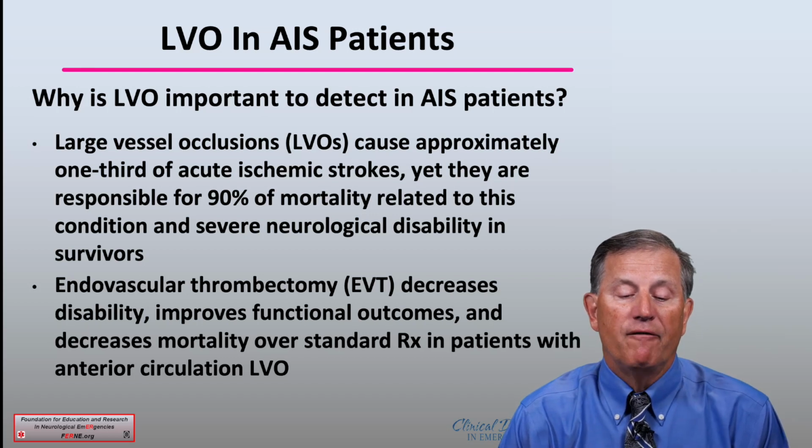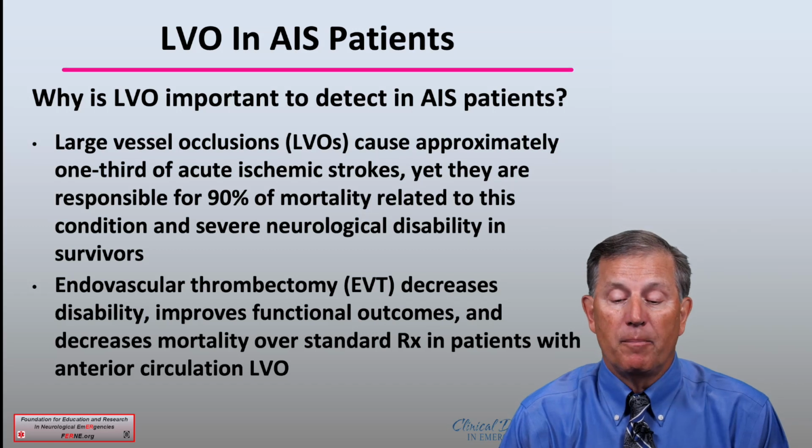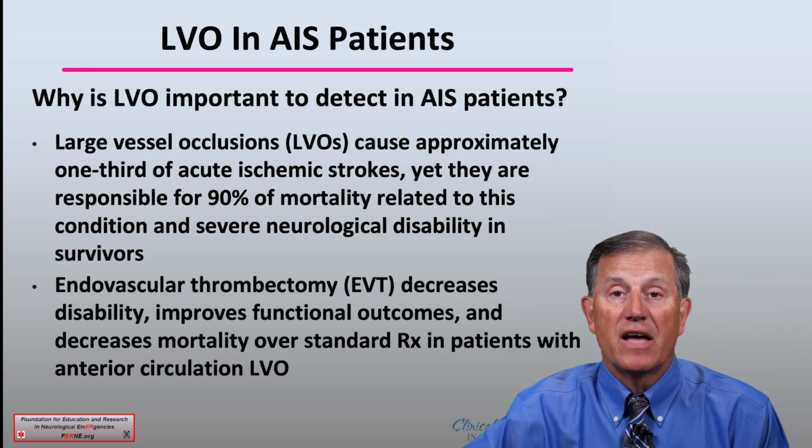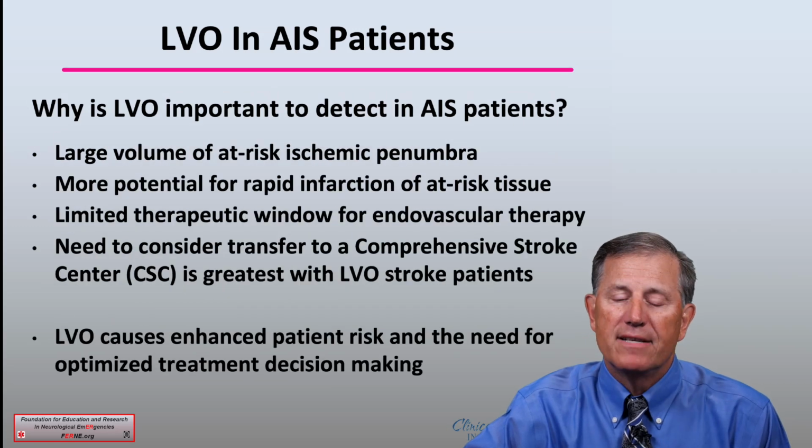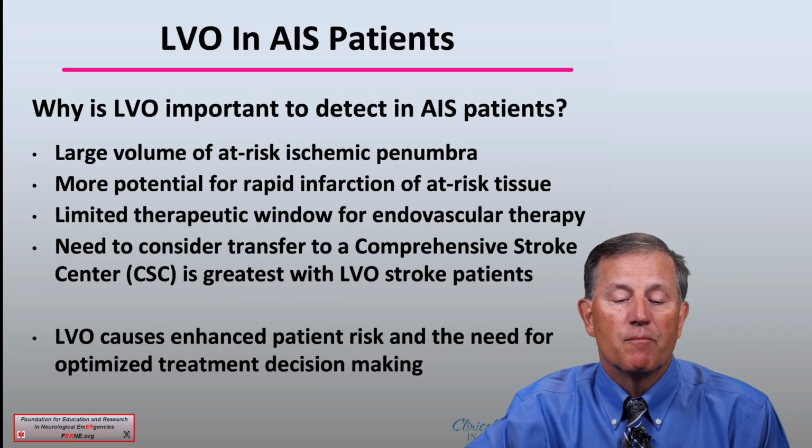And we know that endovascular thrombectomy and other therapies decrease disability, improve functional outcomes, and decrease mortality over standard therapies, especially in patients with anterior circulation large vessel occlusion. And so why is it important to detect these LVOs?